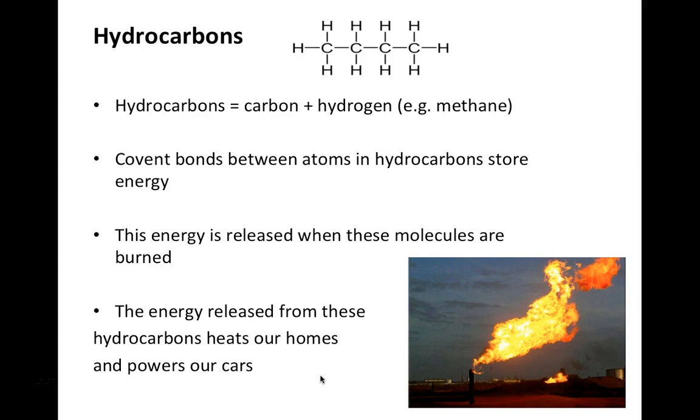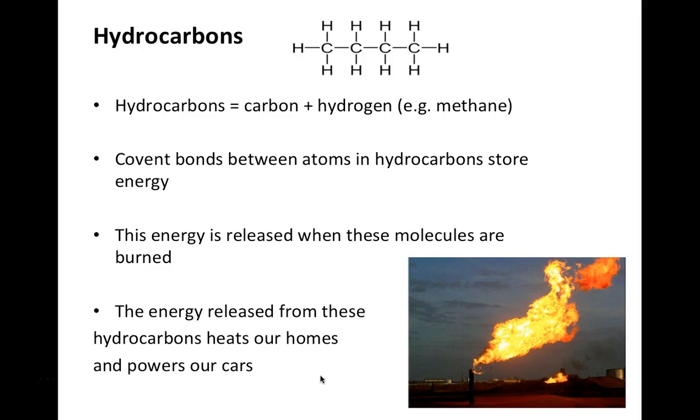Well, gasoline, methane, which is natural gas, and propane, those are all types of hydrocarbons. And captured within each of those single covalent bonds is an incredible amount of stored chemical energy. When we are able to break those chemical bonds, which for hydrocarbons like gasoline, methane, and propane can be done by essentially striking a match and adding a little heat to the system, or fire, those hydrocarbons will release their chemical energy, again in the form of heat, with a tremendous amount of heat energy released.